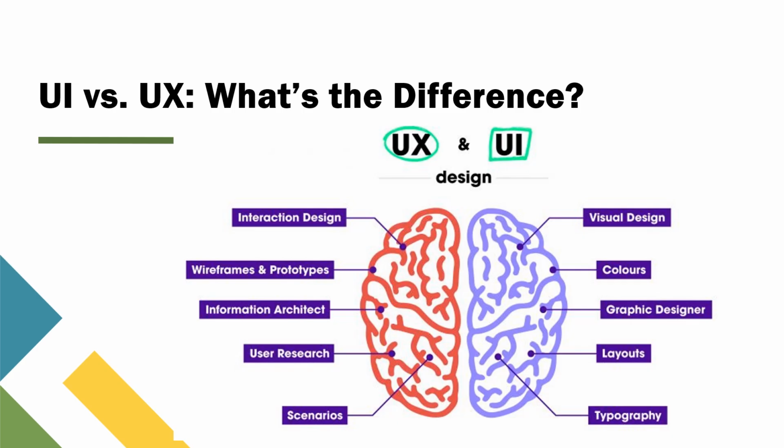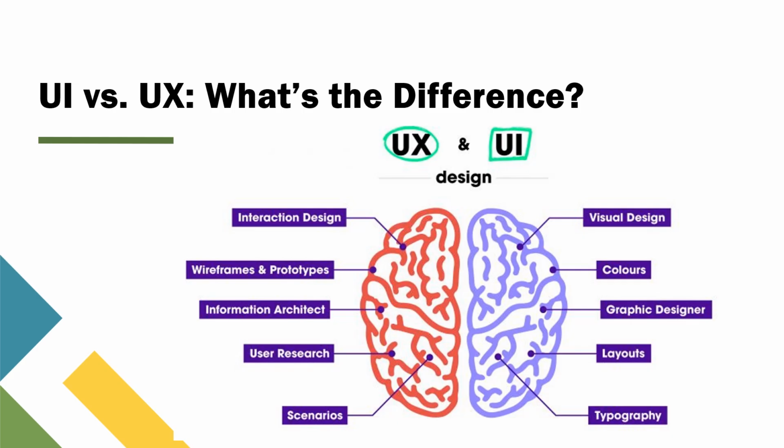Okay, so first let's examine UI design. What is UI design? UI refers to the visual elements of a website or an app, which includes the buttons, the icons, the typography, the layouts, the color schemes, the spacing. UI is the process of designing user interfaces.